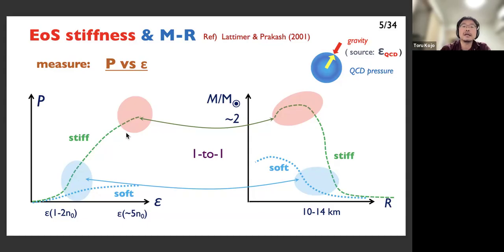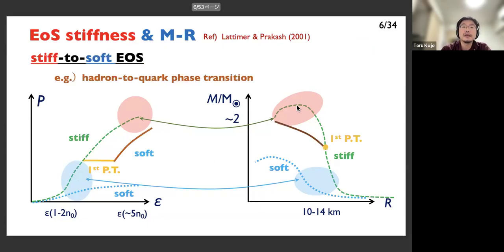Meanwhile, for a stiff equation of state, pressure dominates over energy density. Therefore, a neutron star has a larger radius and a larger maximum mass. This is the basic outline of the discussion, and now we can use this understanding to discuss the phase structure.